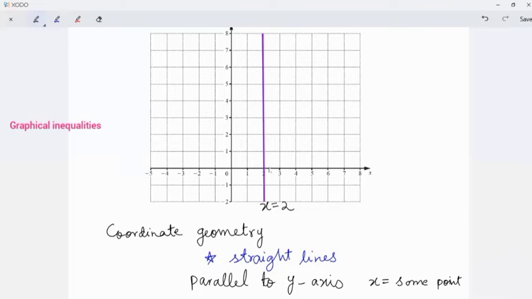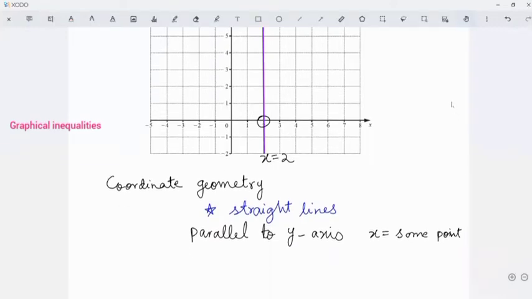The point where the graph cuts the x-axis is known as the x-intercept. So this thing is the x-intercept here. So we can simply write our equation as x equals some point, which is known as the x-intercept.